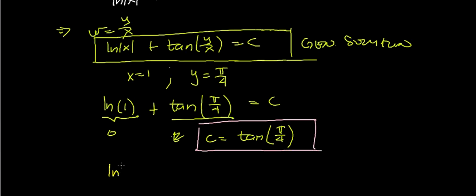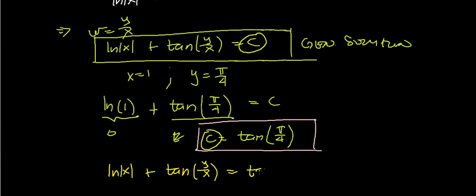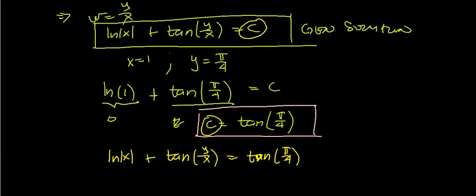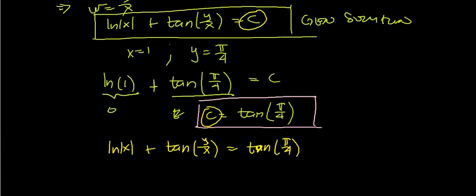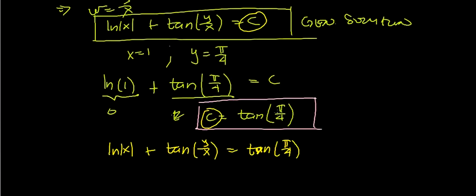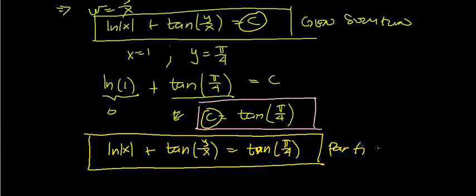So we have ln of x plus tangent y over x is equal to tangent pi over 4. So this is now our particular solution.